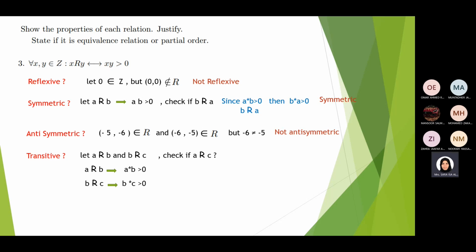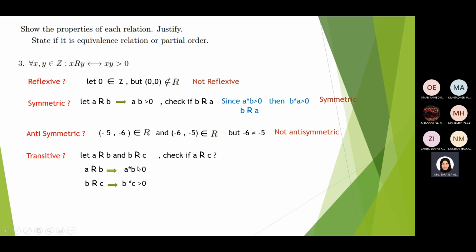So if I am assuming that A and B are positive, B is already positive from my assumption. So again, to make the product of B and C greater than 0, C must be positive. In case I assume that B and A are negative, to make this also true, C must be negative.